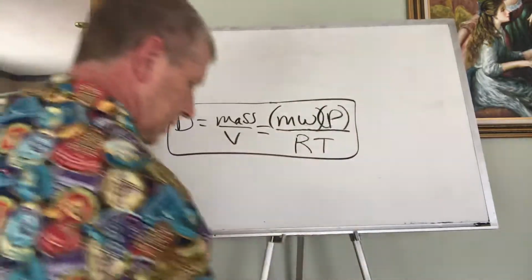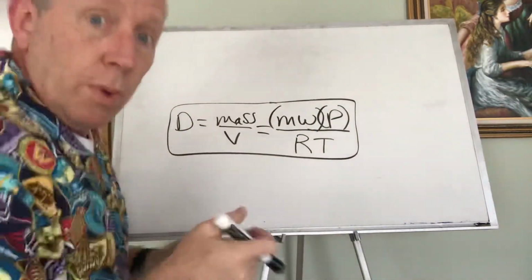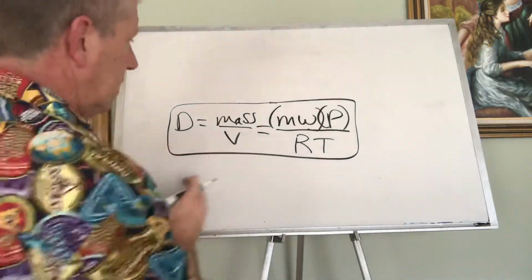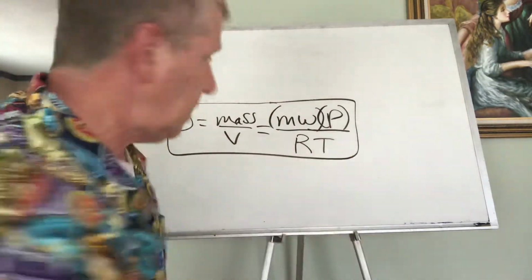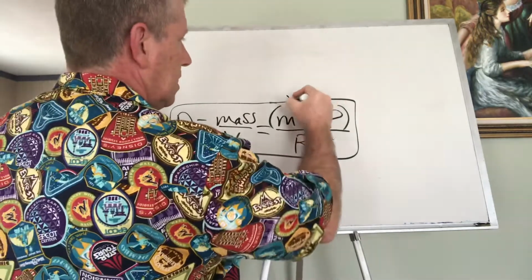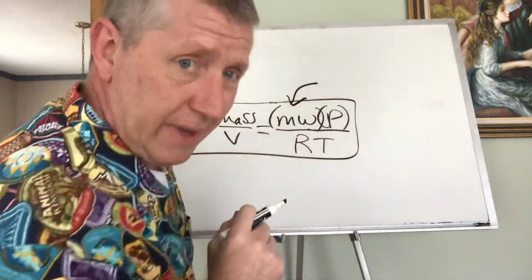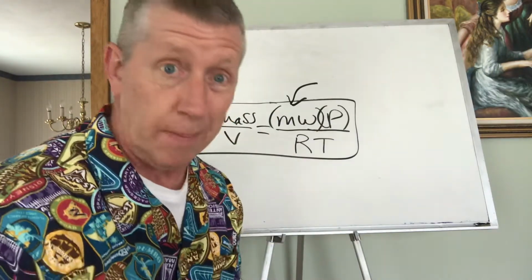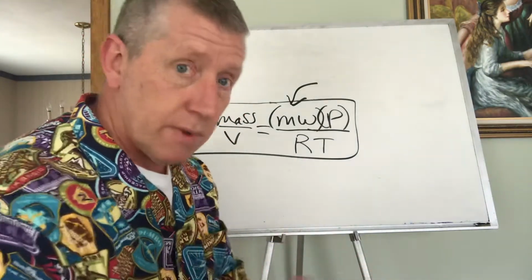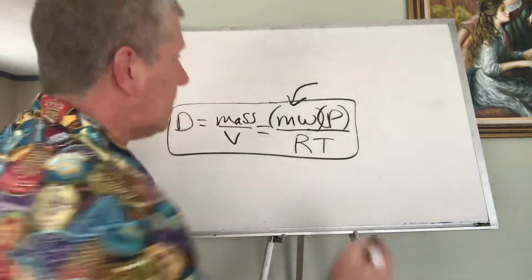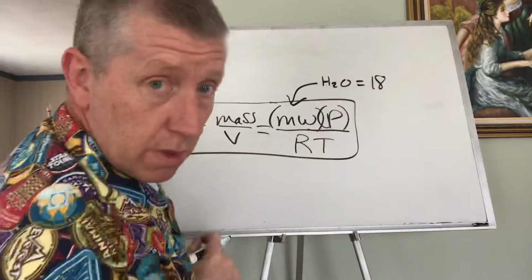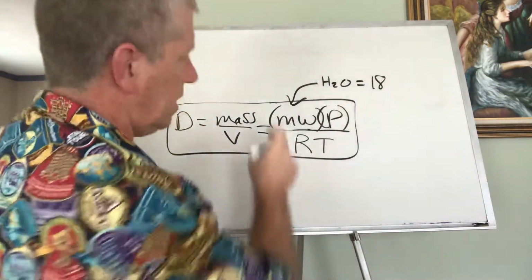Let's say that you want to figure out the density of some gas, and you know the molecular weight of the gas. Maybe it's water vapor. Vapor is a gas, so that'd be H2O gas. And H2O has a molecular weight of 18 grams per mole.